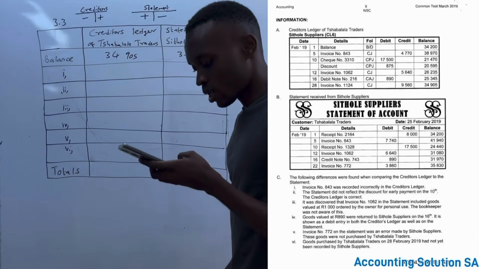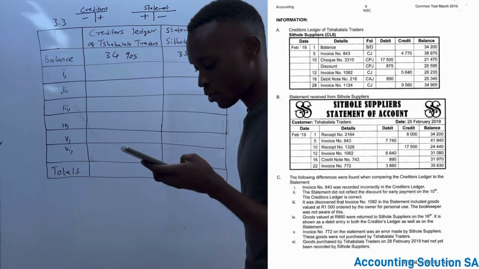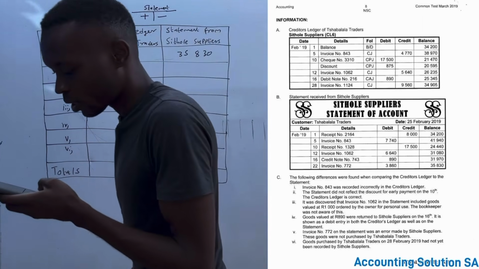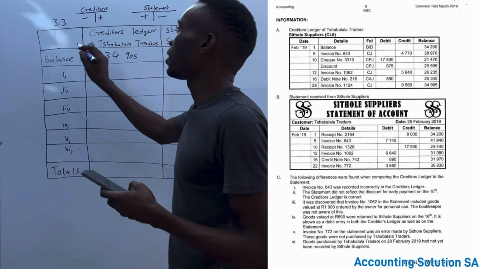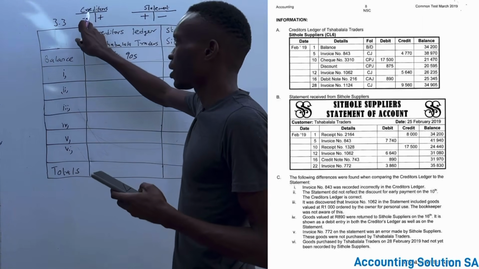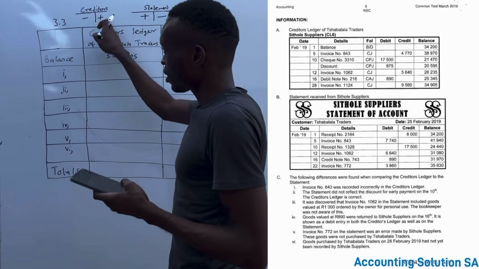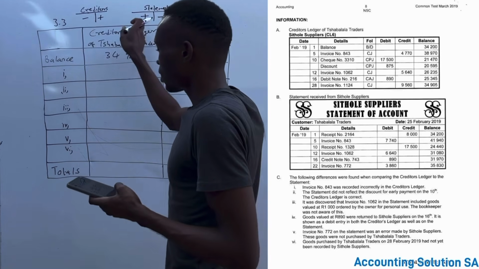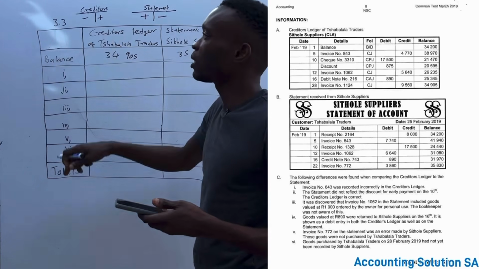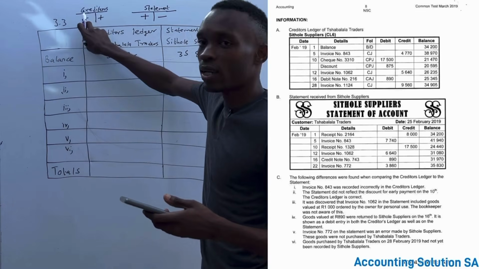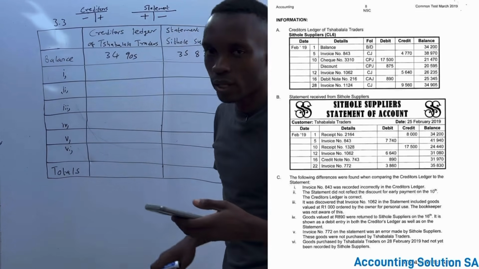Number one, they said that invoice 843 was recorded incorrectly in the creditors ledger. What you need to know first, guys, is that in a creditors ledger, it increases on the credit and decreases on the debit, and the statement does the opposite, which means that if we debit this side, on the other side we need to credit.